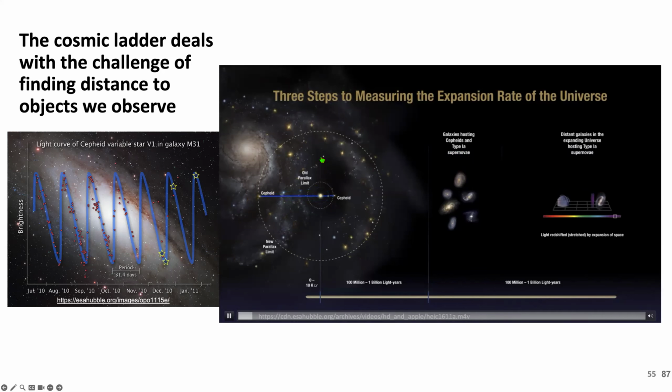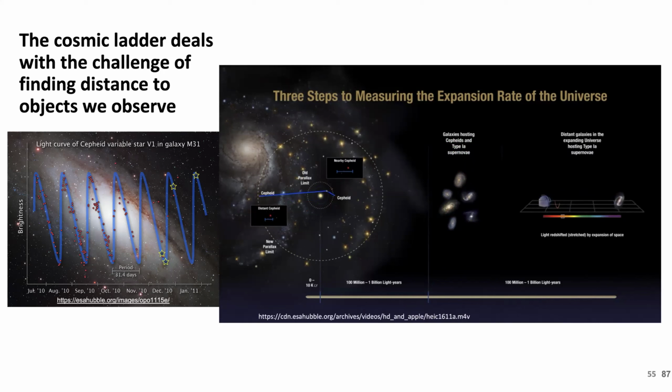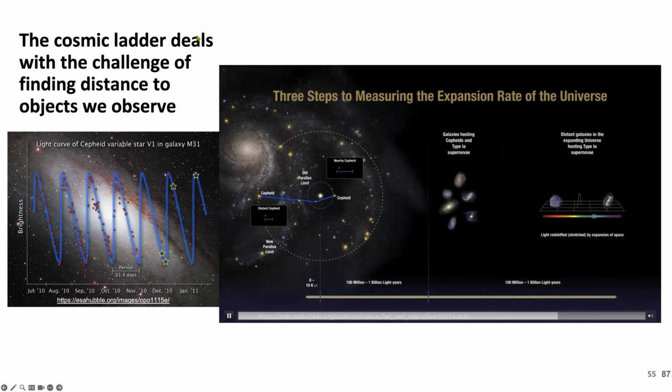We know the distance to the Cepheid variable star, and we use that information to calibrate the energy in the explosion. We will talk about this more. So now we can use supernova events, which reach all the way across the universe, to build a distance ladder, which is what we need to relate velocity and distance.